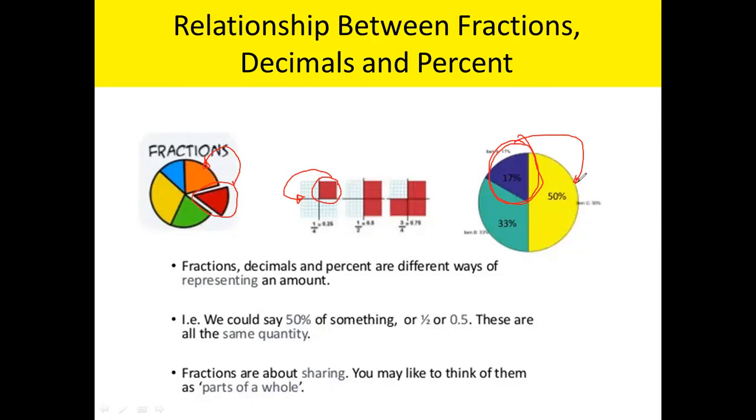For example, 50% of the class are boys, meaning half. 50%, one half, or 0.5 to represent a part of a whole. So all of them are representing a part of the whole, an amount.